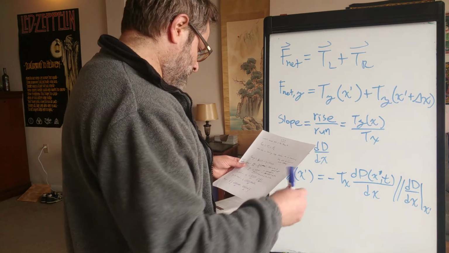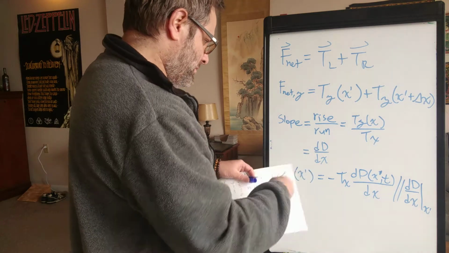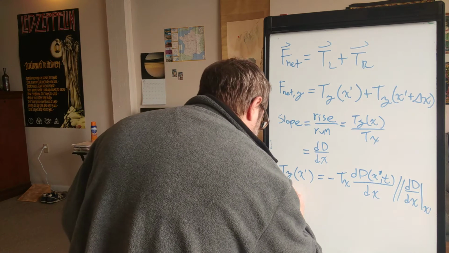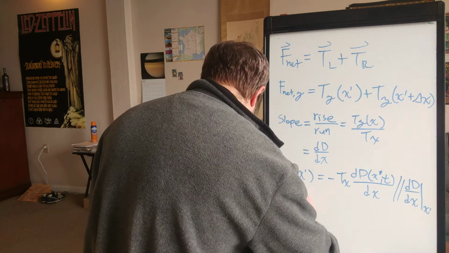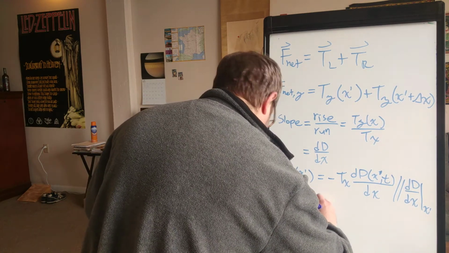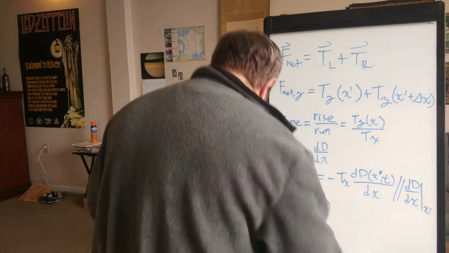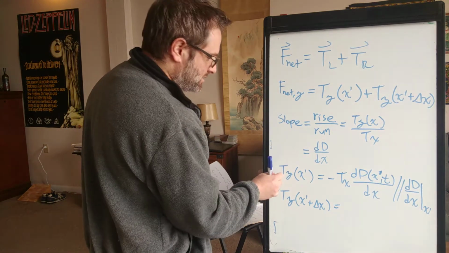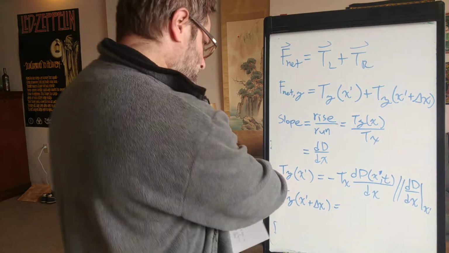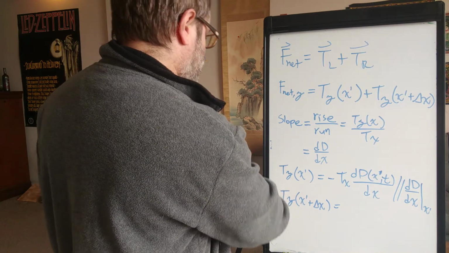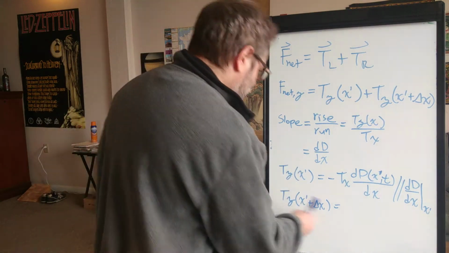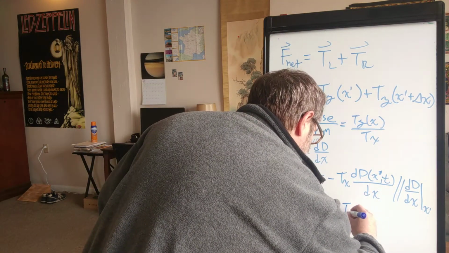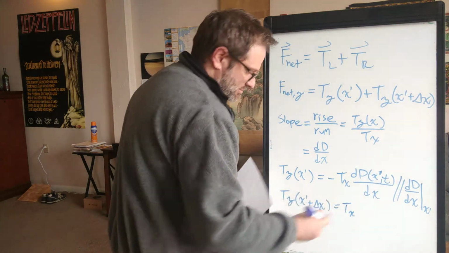So we write this same equation again, and now we have Ty at x prime plus delta x. So we're writing this equation for each side of the rope, right? So this is the negative sign, so it's the left side, and now this will be the right side, right? And then you can see that also because I have the plus dx there. This is Tx, right? Opposite sign from this one.